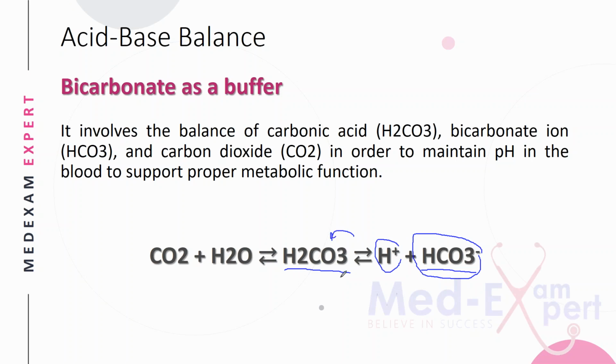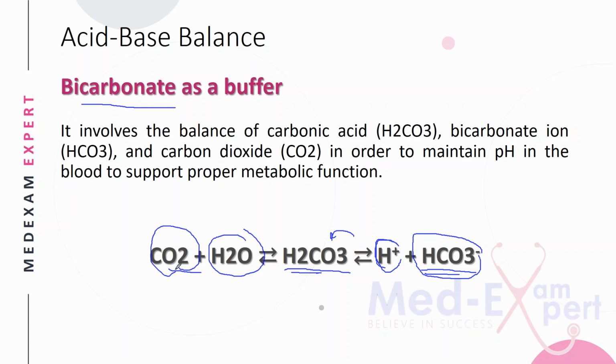So this is what's called the buffer, and that's why the bicarbonate acts as a very important buffer system in our blood, because the bicarb involves this balance between the CO2, the carbonic acid, and the bicarb itself. So this is why the bicarb is a buffer system: when there is much hydrogen ion in the blood, the bicarb will bind to this hydrogen ion to form carbonic acid, which will be transformed into water and CO2, and then the CO2 will be excreted from our body.